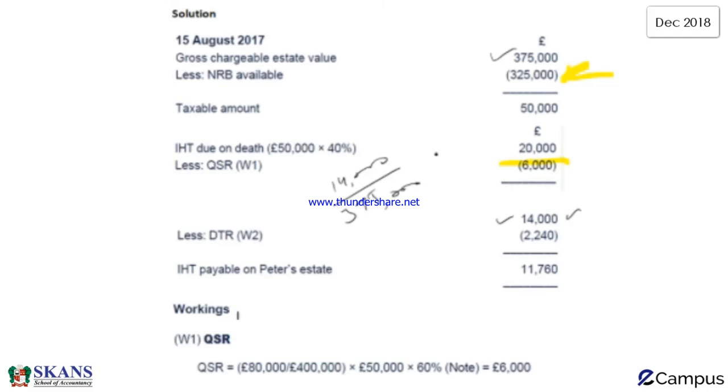This is a very easy way to find out what is an average estate rate which is applicable on the death of our client. So that is approximately 3.733%.